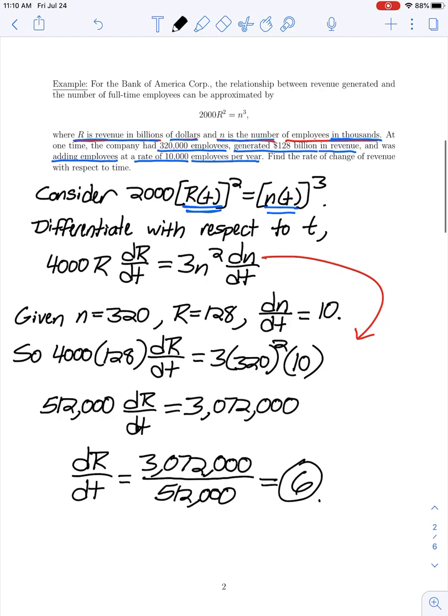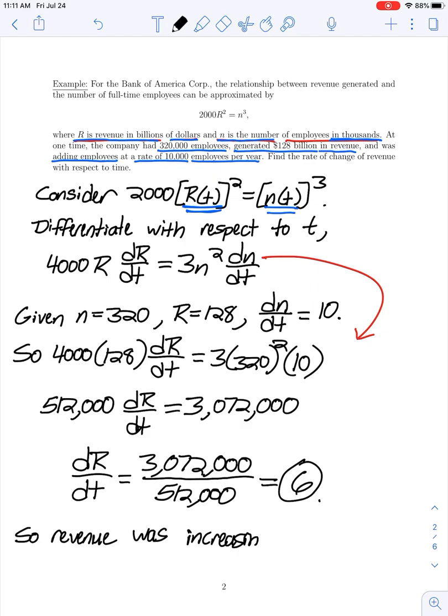Let's think about what this represents. This is the rate of change of revenue with respect to time. So we can say that our revenue was increasing at the time that we were given this information.